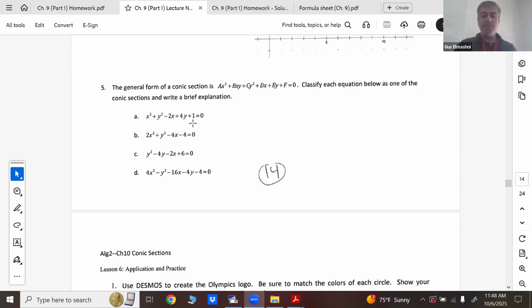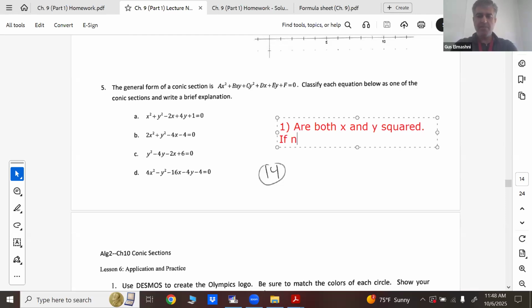I think what you need to do when you're trying to classify, if I give you something like this and you're like, I don't know which one it is. Seriously, here's what you do. Are both x and y squared? If no, parabola. Are both x squared and y squared the same sign?